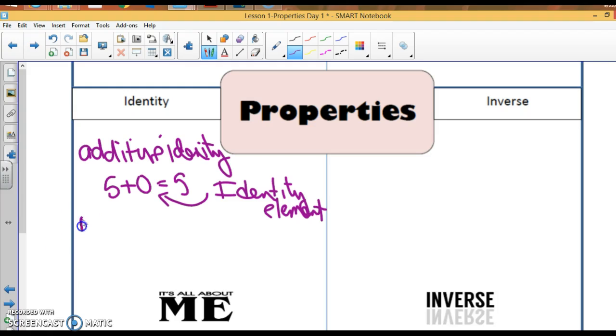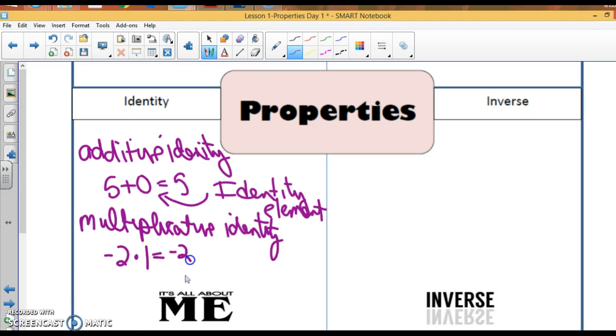The multiplicative identity: -2 times 1 gives you -2. 1 is the identity element. Why? Because you can multiply anything by 1 and it does not change its value.